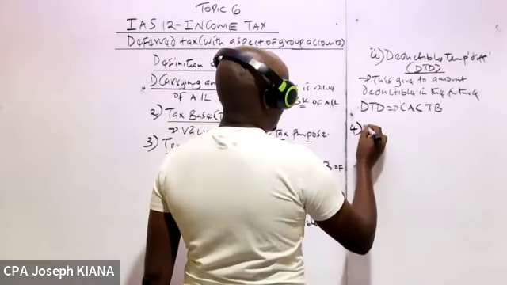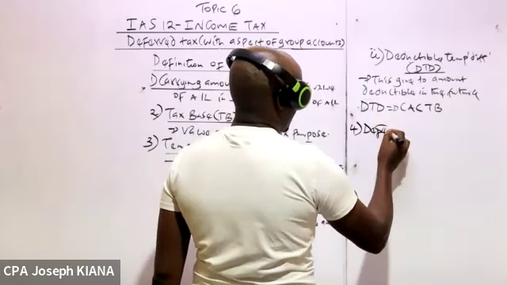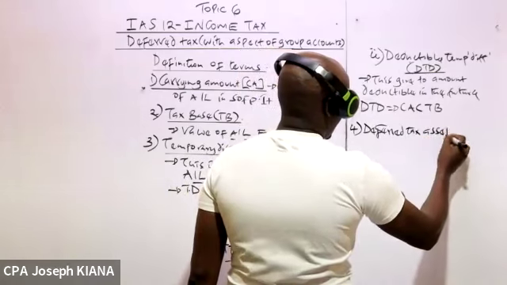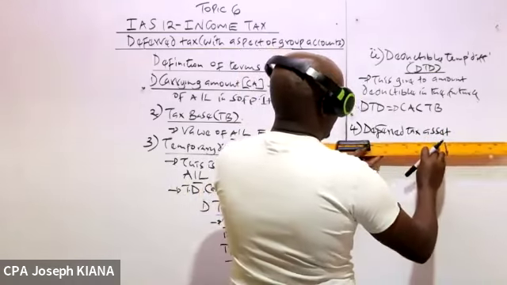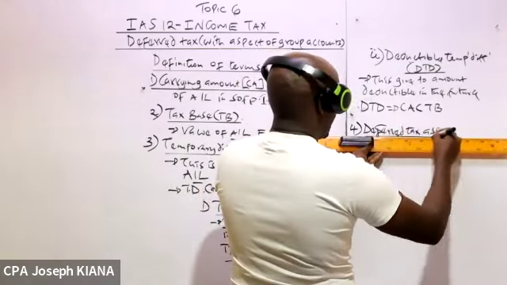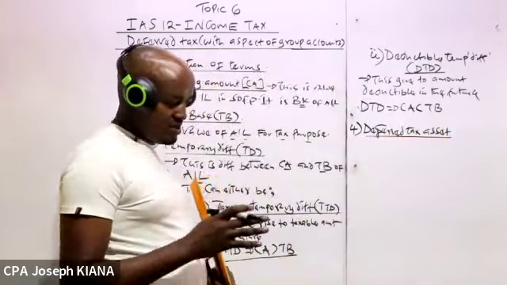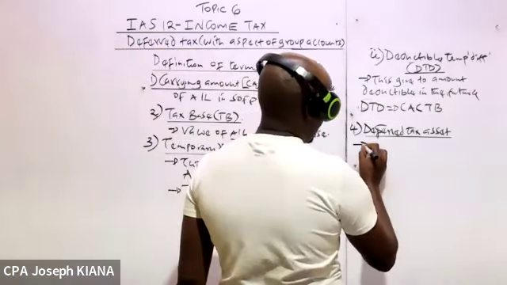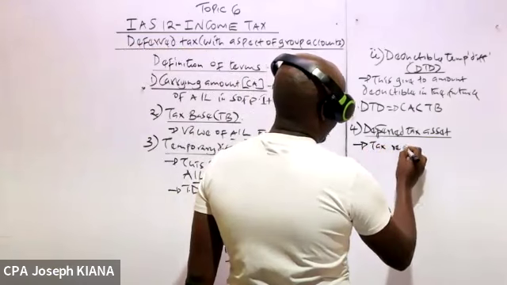The other term we also need to define here is the deferred tax asset. A deferred tax asset, as the name suggests, is a tax which is recoverable by the company in the future. A tax recoverable in the future.